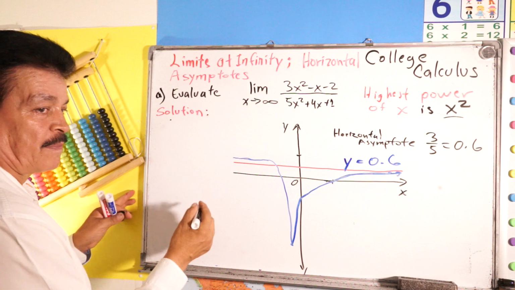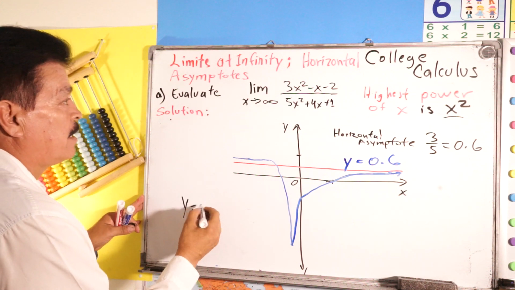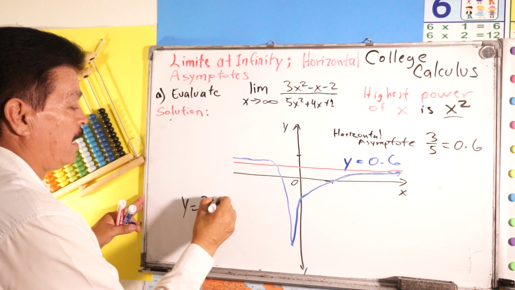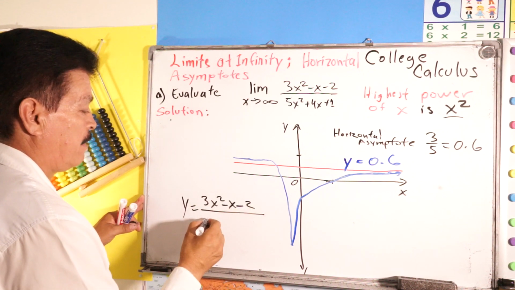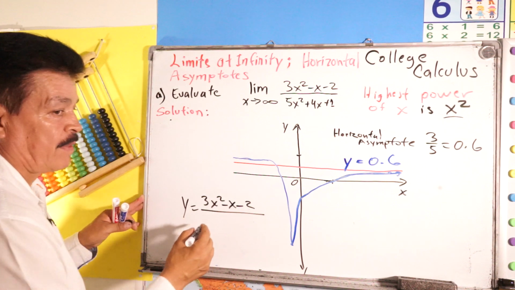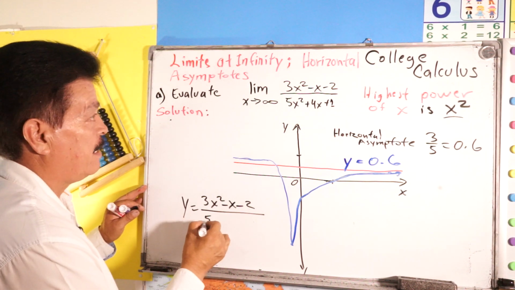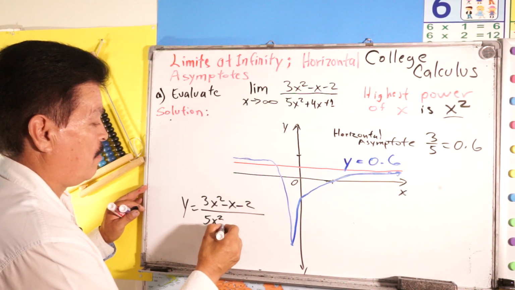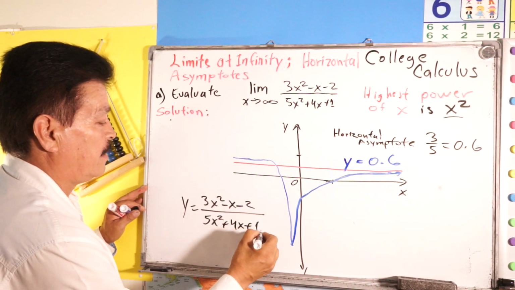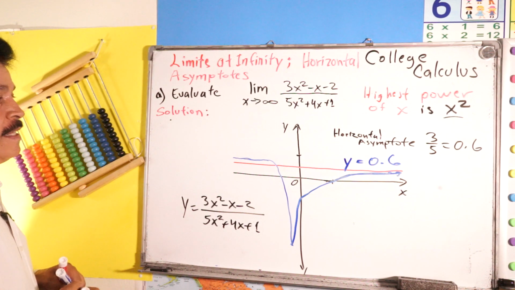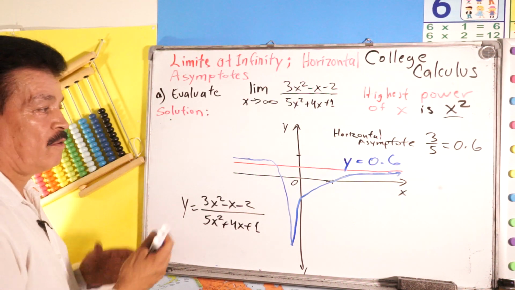So this is y equals 3x to the second power minus x minus 2, divided by 5x to the second power plus 4x plus 1. This is the solution for our problem.